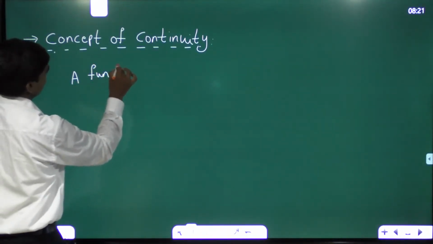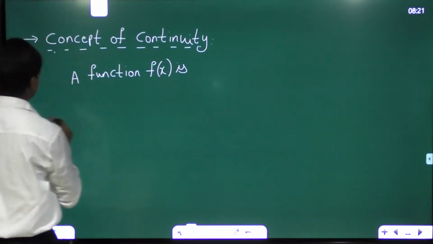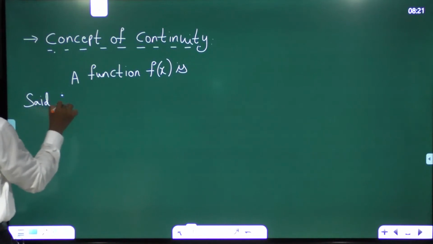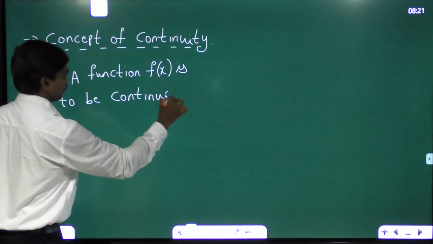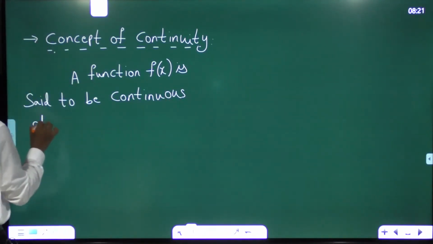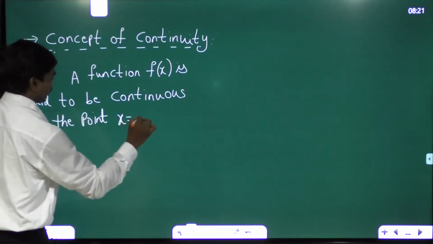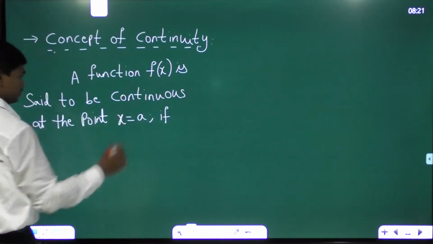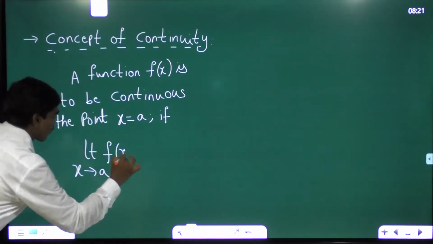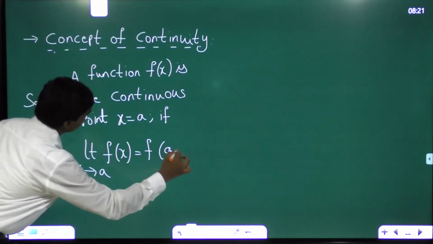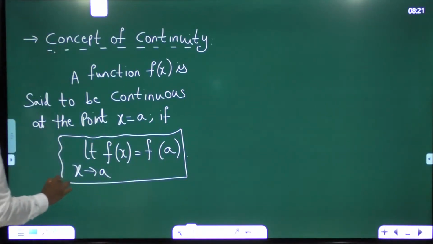A function f of x is said to be continuous at the point x is equal to a if limit x tends to a, f of x is equal to f of a. This is the mathematical condition for the existence of continuity at a point.